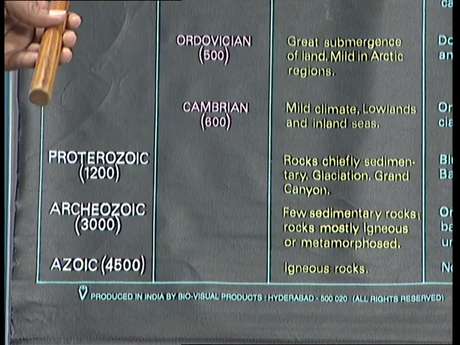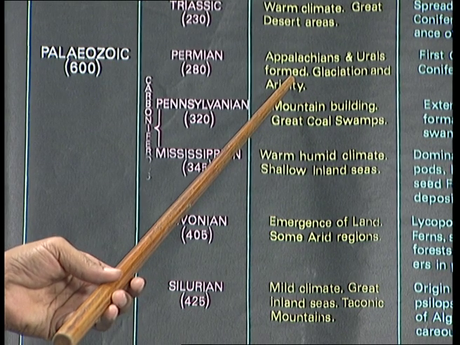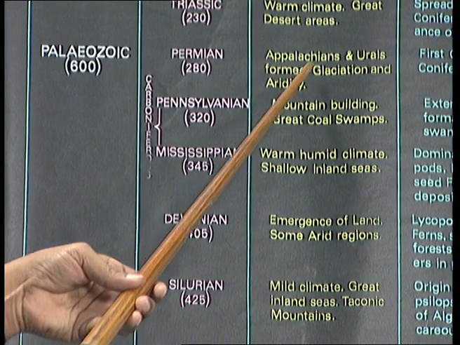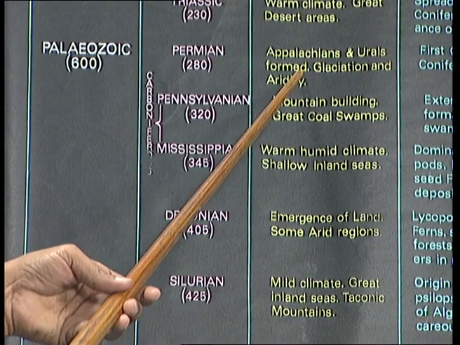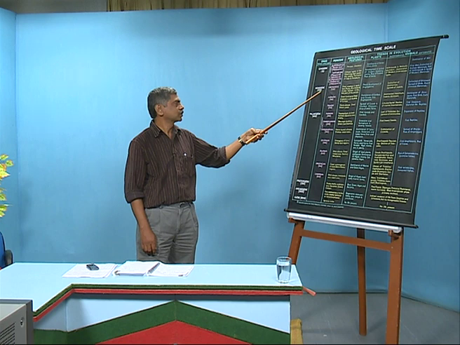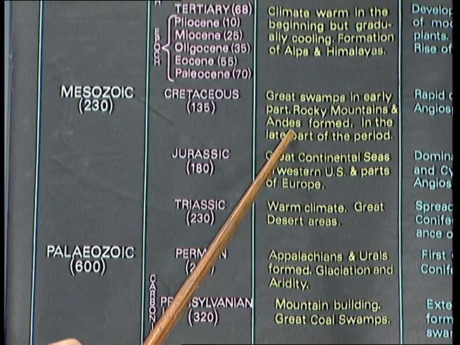When we come to the end of the Paleozoic era, important mountains like the Appalachians of America and the Urals of the erstwhile USSR were formed during this period. Then during the Mesozoic era, the important Rocky Mountains and Andes were formed.